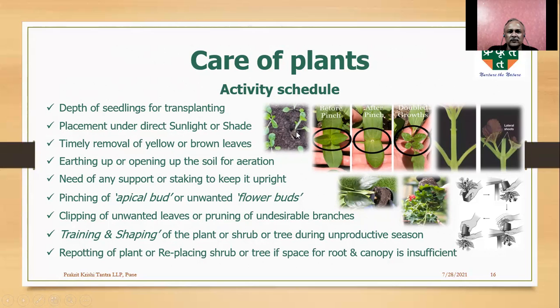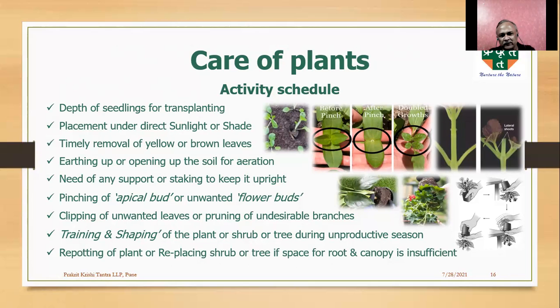Not only the root part, but 1 to 1.5 centimeters of the stem should also be inside the soil, and then you need to water it immediately. Always do the seedling transplanting or repotting preferably in the afternoon, because in the afternoon the temperature of the day cools down.